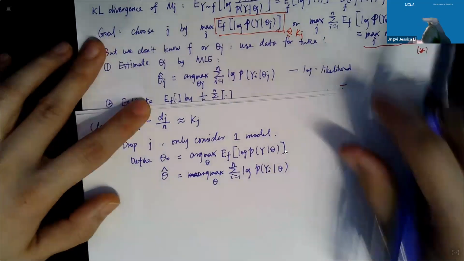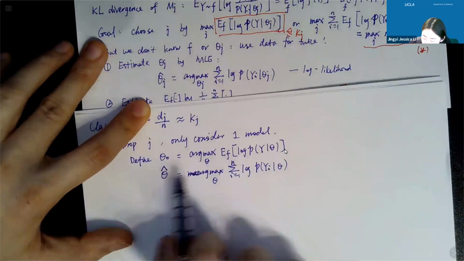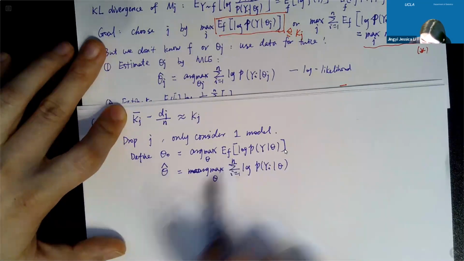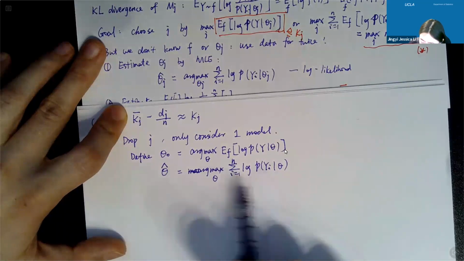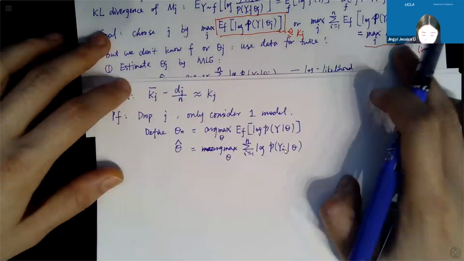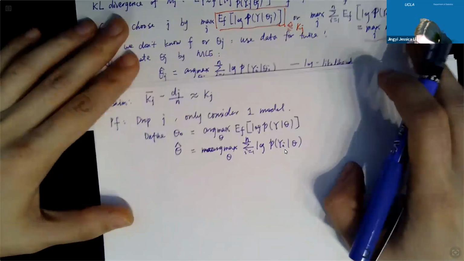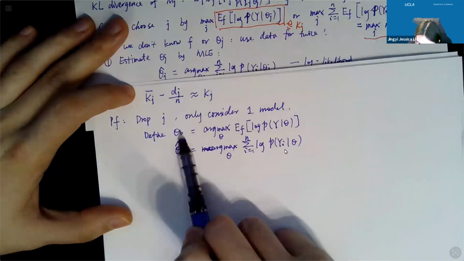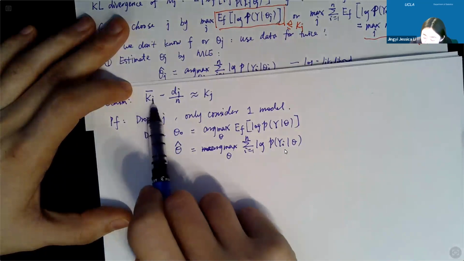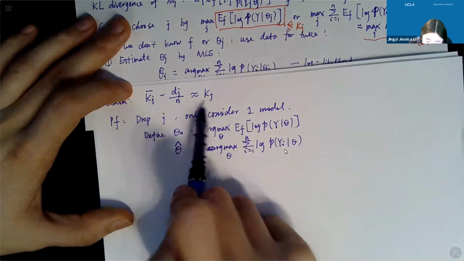Theta 0 is the population parameter such that the model is closest to the true model, while theta hat is the maximizer that maximizes the likelihood based on our data. What we're going to do next is evaluate the difference between those two. Hopefully that will give us the difference between KJ bar and KJ. Now here we don't have J anymore, so we say K bar and K.